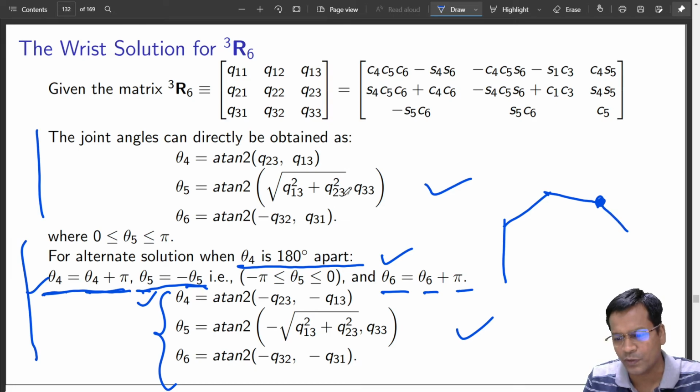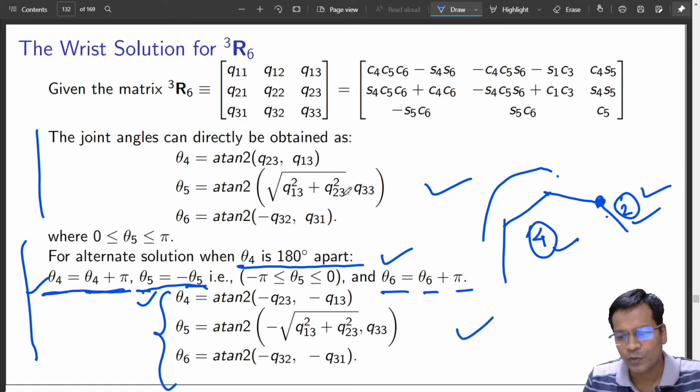From here you got two solutions for the same orientation. As you know, the first three links themselves have four solutions. Four solutions before that, and this 2. So four different ways you can reach this point.